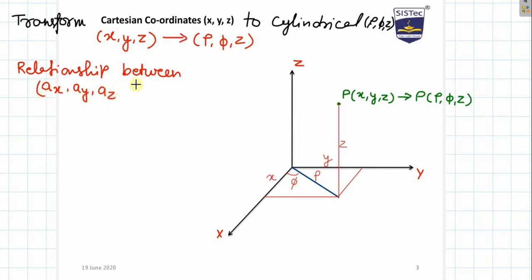These are the unit vectors in Cartesian coordinate system, and the unit vectors similarly in the cylindrical coordinate system will be a rho, a phi, and a z. Okay, so z is similar in both the cases. Now we have to obtain it geometrically.